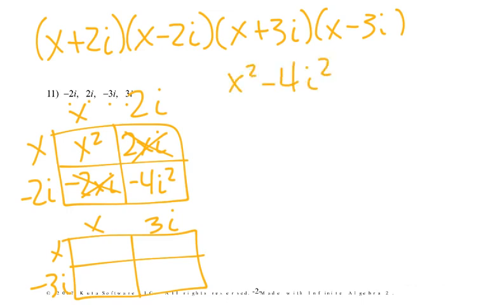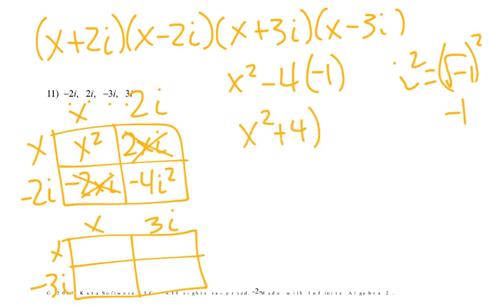However, I should remember that i is the square root of negative 1, so if I square it, it is negative 1. So negative 4 times negative 1 is x squared plus 4. Okay, same here, x squared, 3xi, negative 3xi, negative 9i squared, which would make it a positive 9. So then we get x squared plus 9.